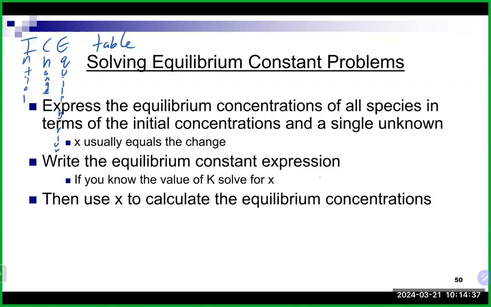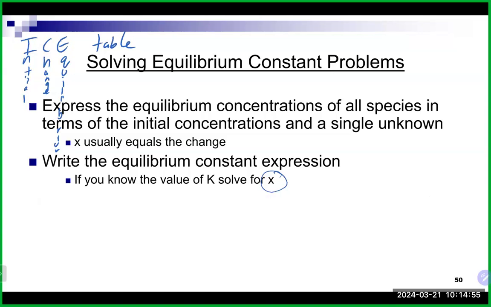Now, we usually will have an unknown, and that unknown is basically X. Most of the time we use X in the table to represent the change that's occurring. A lot of times what we're trying to find is actually the change, X. Then we use X to calculate the equilibrium concentrations or pressures.